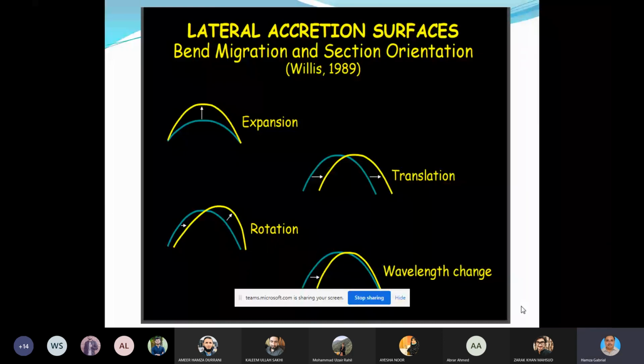So four further processes take place in the meandering process. The expansion of meanders, the amplitude is grown or expanded, it is translated, it shifts, then it rotates, and also there is change in the wavelength.